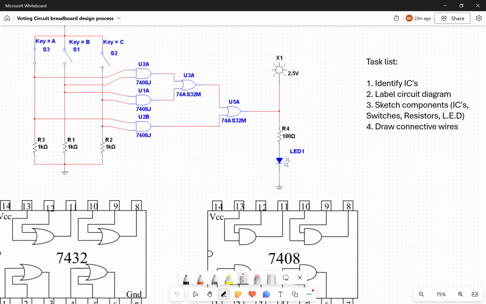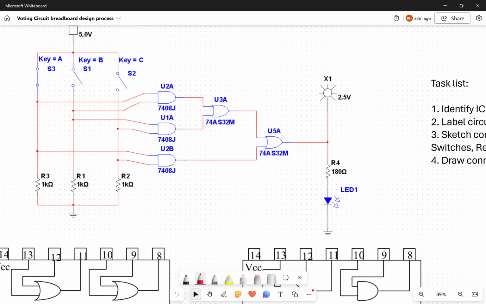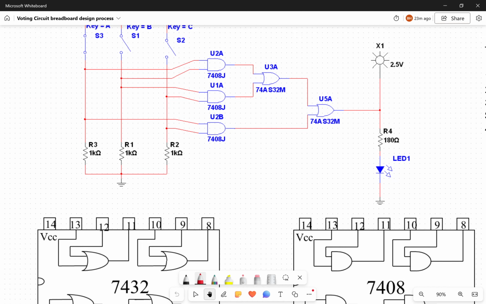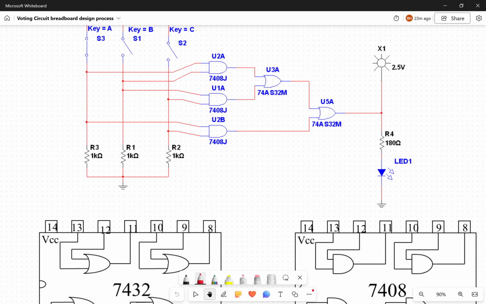So if we jump across to point number 2 where it says label your circuit diagram. What that means is we're actually labeling up the logic gates, and we're going to label up the inputs and outputs, and this will make it way easier to design and draw on our breadboard once we know our specific inputs and outputs.